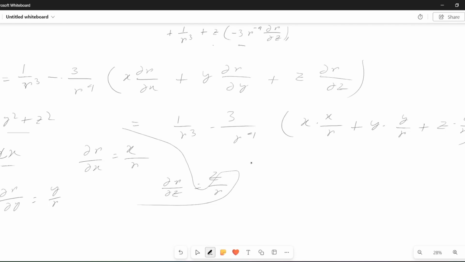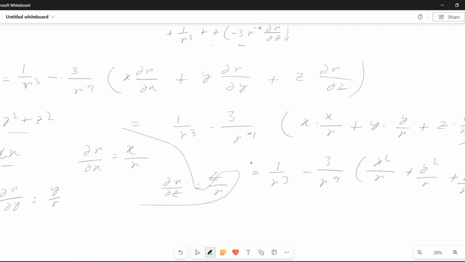Now we'll get 1 by r cube minus 3 by r to the power 4, times x square by r plus y square by r plus z square by r.